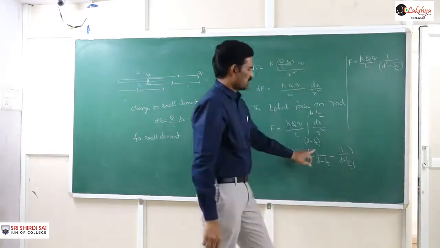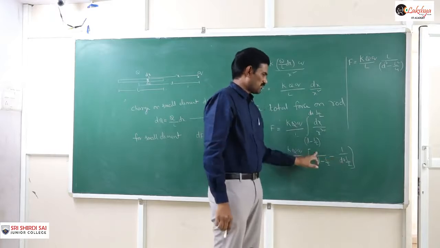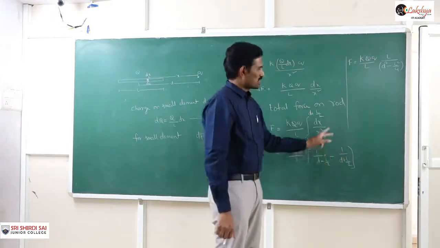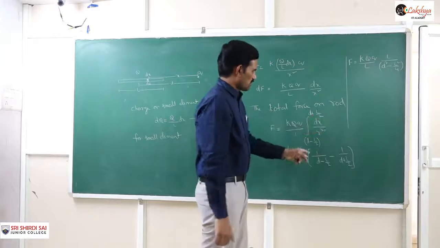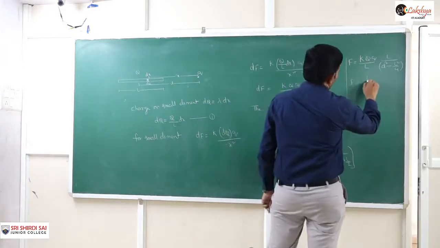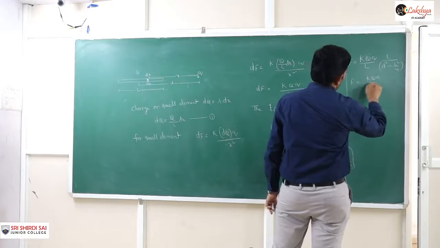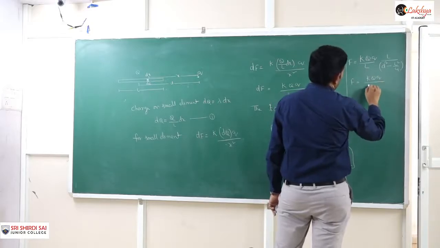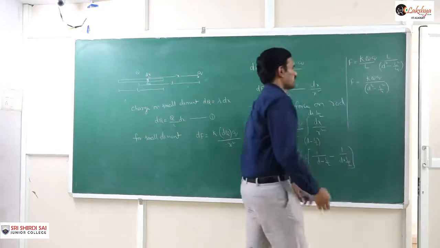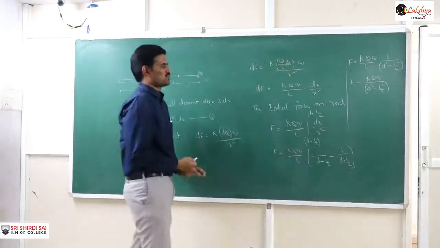If I take the LCM here you will get d plus L by 2 and here it is minus d plus L by 2. So the minus d and plus d will be cancelled, and so you will get it like this. And now we can cancel this L. So finally this is kq by d square minus L square by 4. So that will be the expression for the force between those two charges.